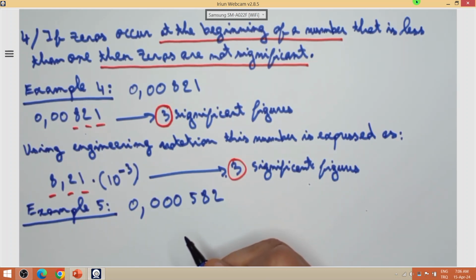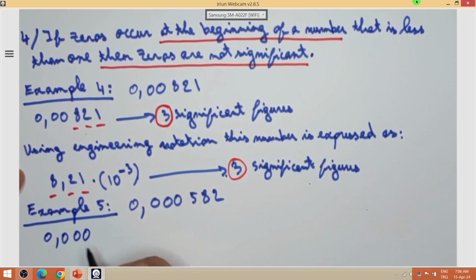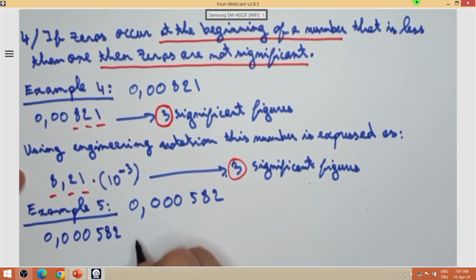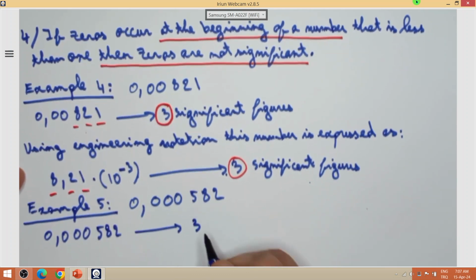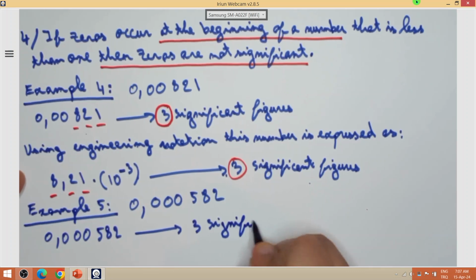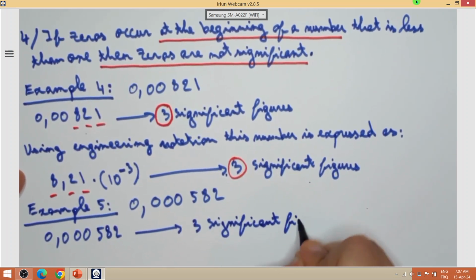So we can write this number: 0.000582. This one has 3 significant figures.